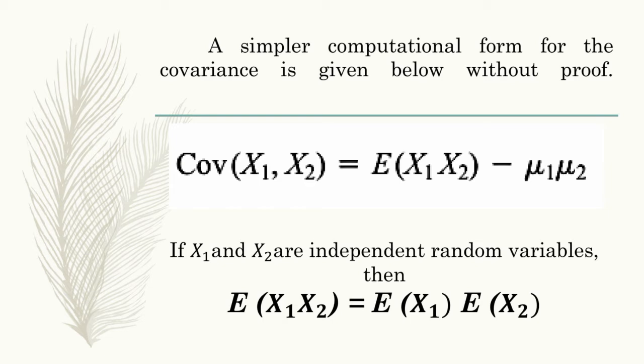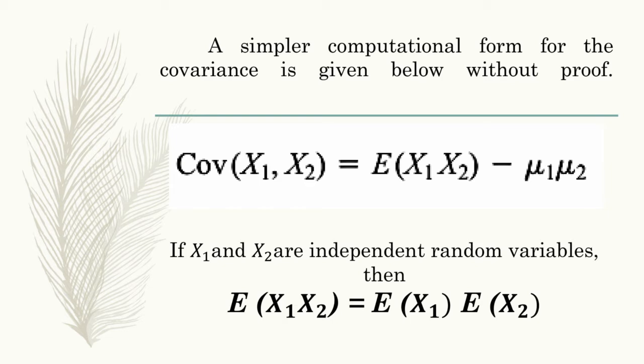A simpler computational form for the covariance is given below without proof. If x sub 1 has a mean mu sub 1 and x sub 2 has a mean mu sub 2, then covariance of x sub 1 and x sub 2 is equal to E of x sub 1, x sub 2 minus mu sub 1, mu sub 2. If x sub 1 and x sub 2 are independent random variables, then E of x sub 1, x sub 2 is equal to E of x sub 1 multiplied by E of x sub 2.